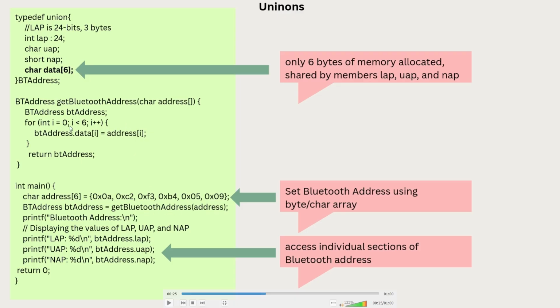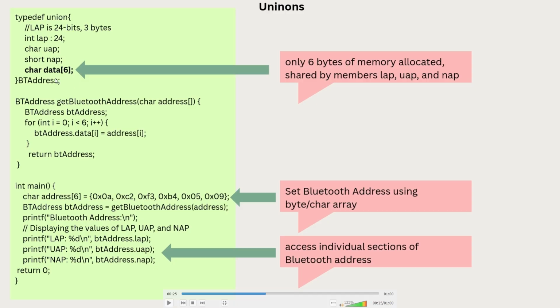This will set my Bluetooth address union. While setting, it won't set LAP, UAP, NAP individually, it will directly copy data to this byte array, char data. But while accessing, I can easily access, like BT address.lap, it will easily fetch LAP from this byte array and give it to you. Like NAP, it is very easy to access.